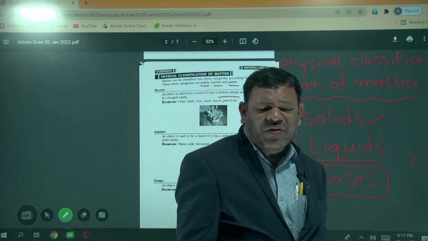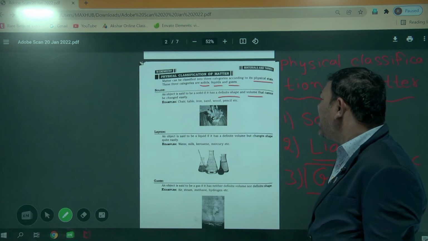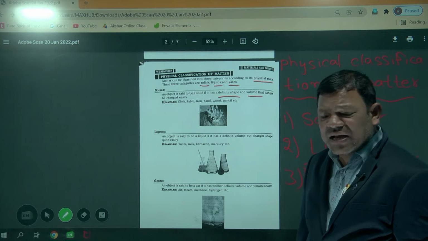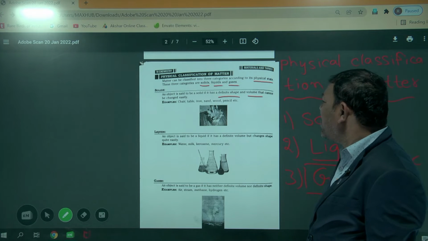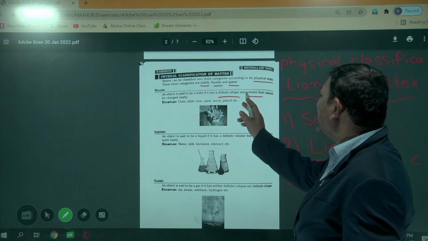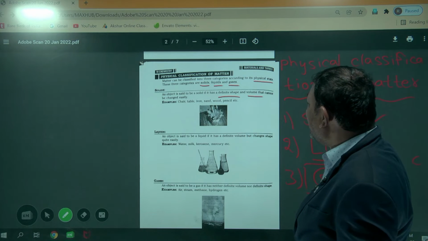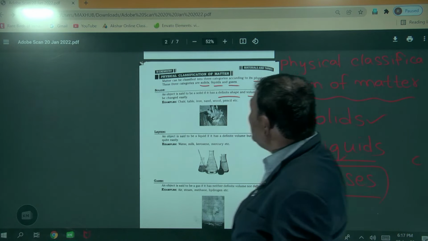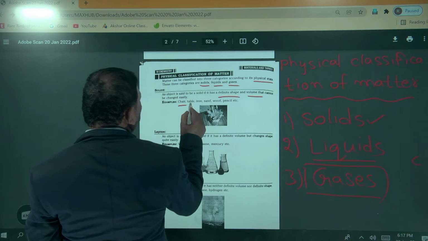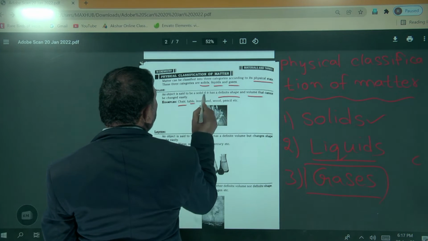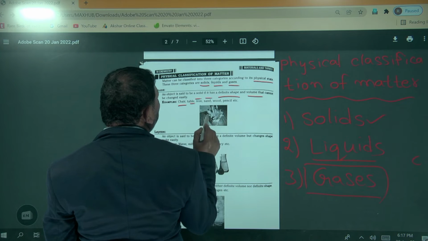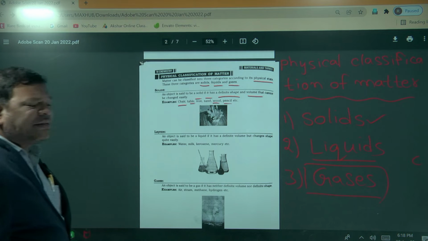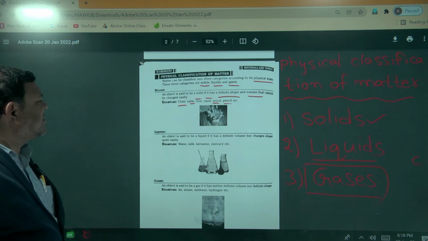If you try to change the chair, no. If you try to change the table, no. Iron, sand, wood, pencil, these are all examples of solids.